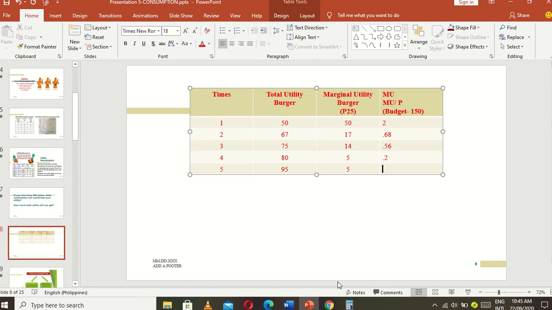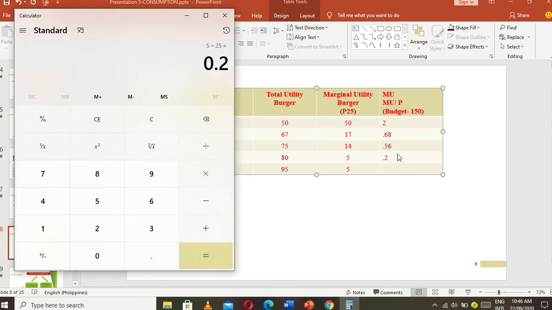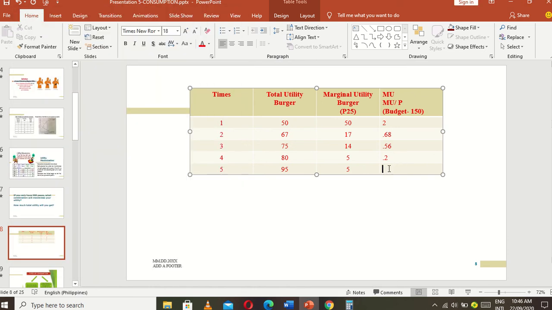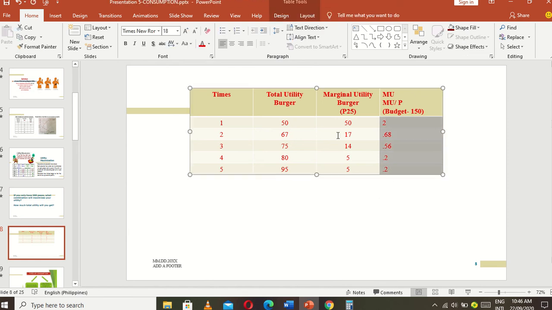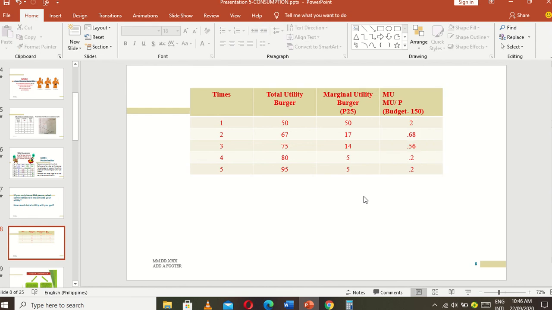The other one is the same, 5 divided by 25 is 0.2. So what are these results? 2, 0.68, 0.56, 0.2, 0.2.